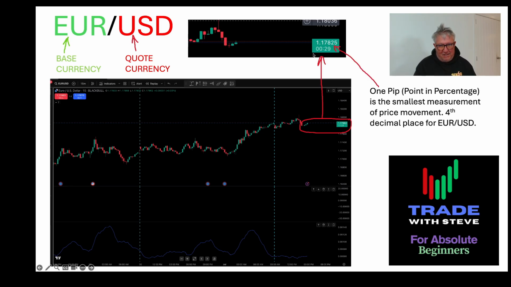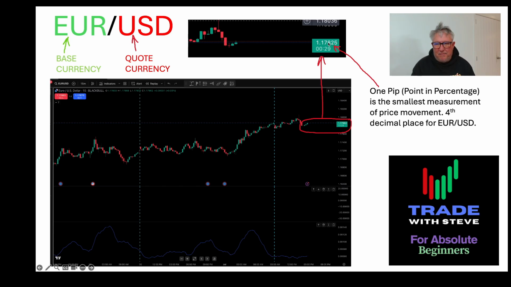Now, these currencies are measured in what we call pips. And 1 pip, which stands for point in percentage, don't worry about what it stands for, is the smallest measurement of price movement that brokers will pay out on, basically. And it's the 4th decimal place.